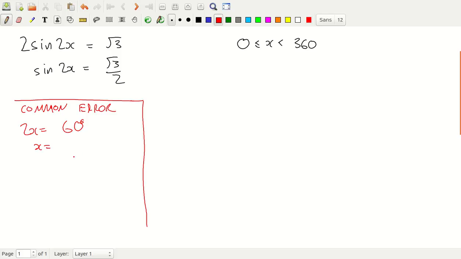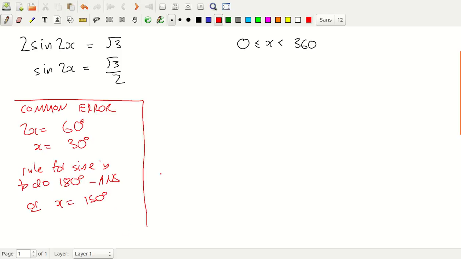So x equals 30 degrees, and then you remember that the rule for sine is to do 180 degrees minus answer. So that's the rule which turns one solution to a sine equation into the other solution. And so you remember that rule, and then you go, so, or x equals 150 degrees.